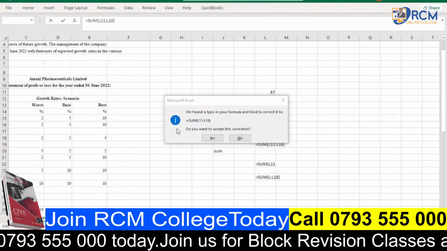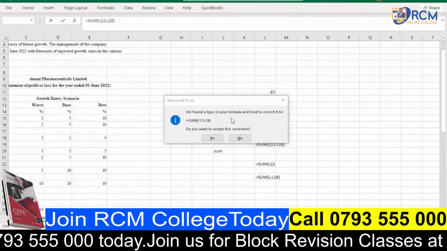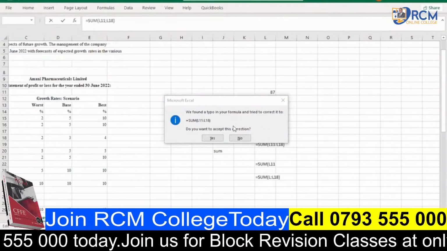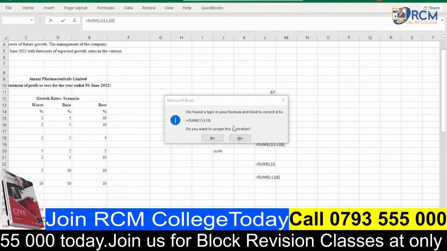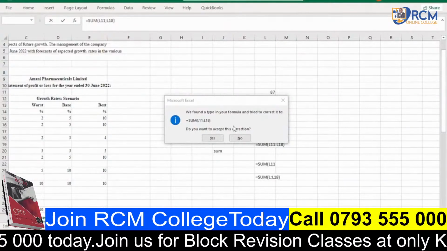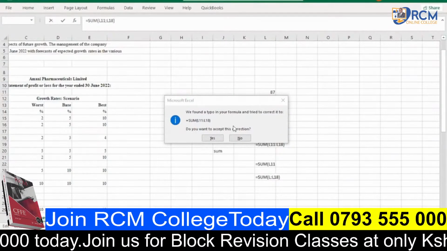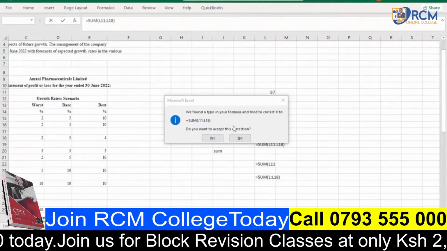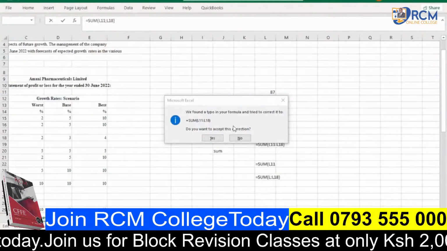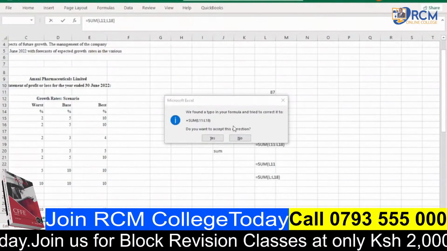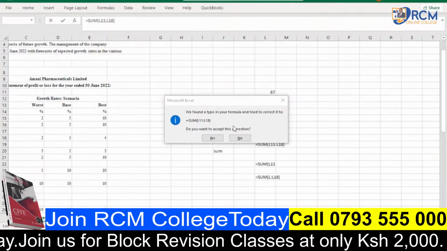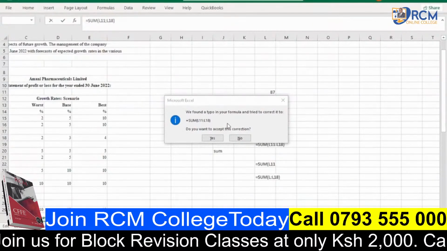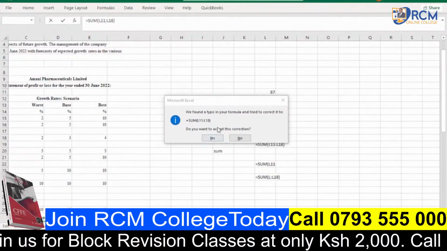So as you can see, the second choice here is wrong because Excel is also telling you it is wrong and it is ready to rectify that. It wants to take it to the correct one. Just see the suggested correct. Yes, so that is what is required there, the correct one.